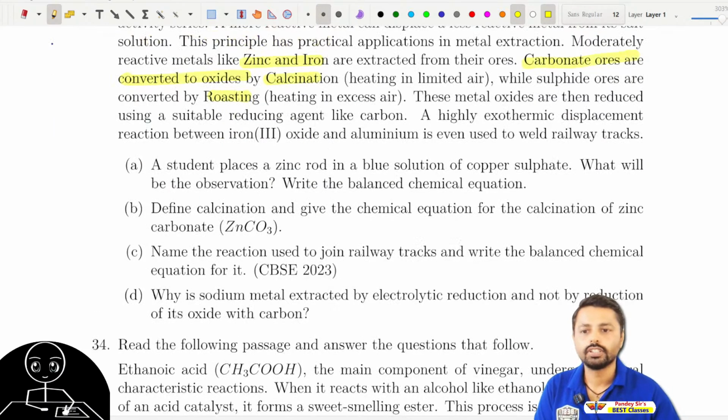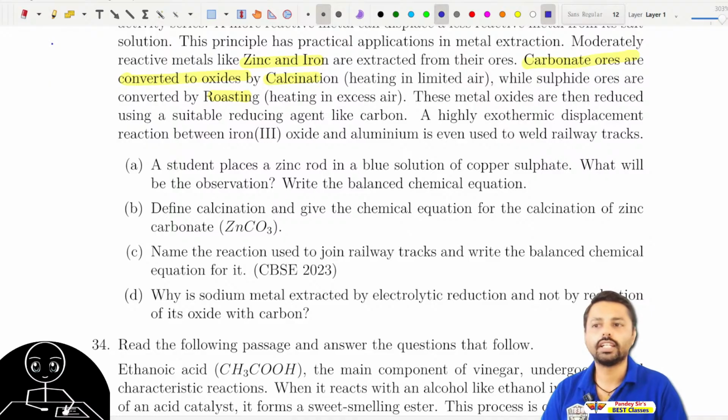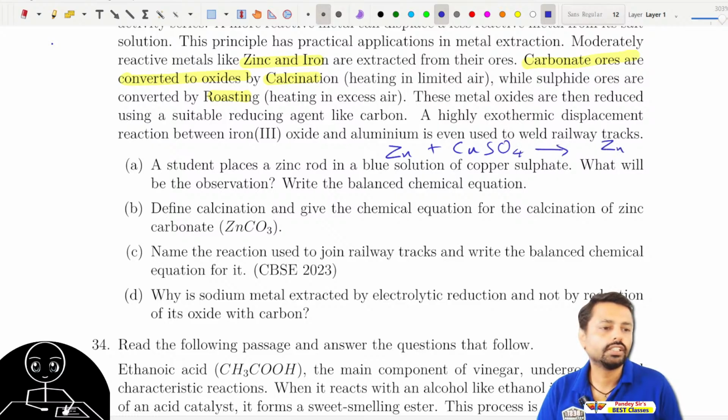Now let's see. A student places a zinc rod in a blue solution of copper sulfate. What will be the observation? Write the balanced chemical equation. Zinc is more reactive. So Zn plus CuSO4 will give you ZnSO4 plus copper.